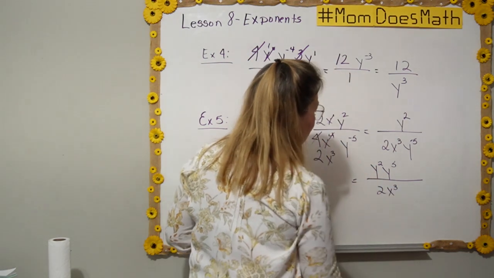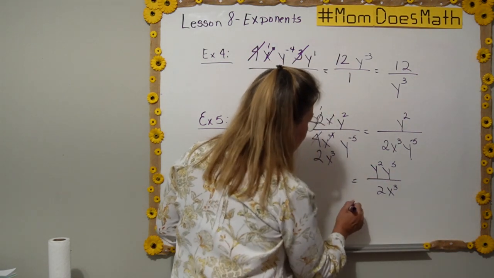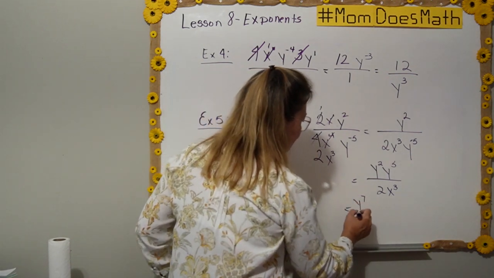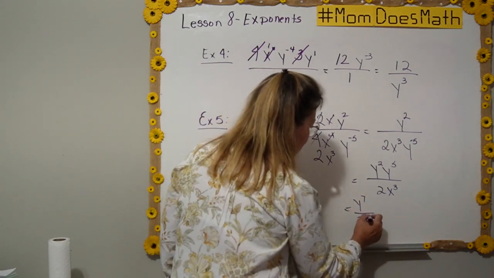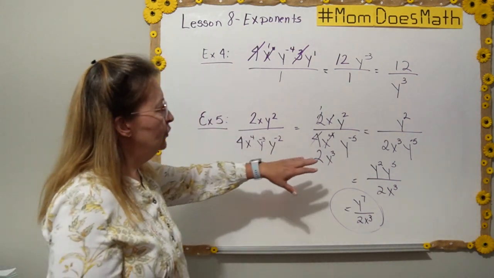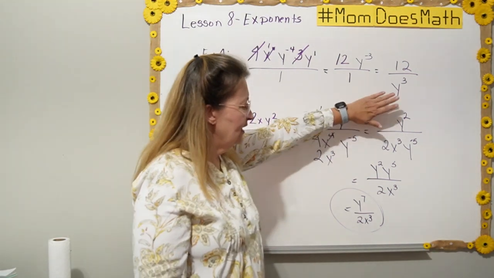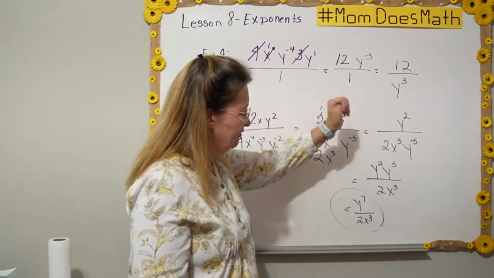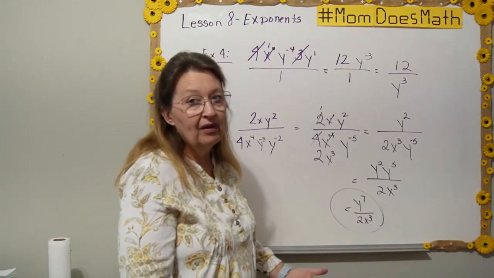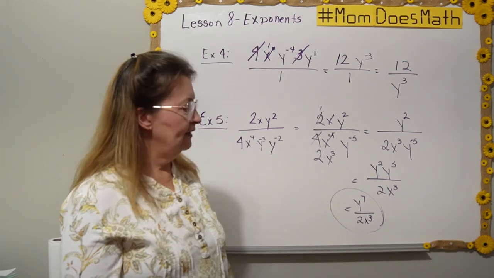Here's 2x to the third. Now, what is y to the second times y to the fifth? Y to the seventh. And 2x to the third is perfectly happy. So, you could have said, I'm going to subtract, 2 minus 5, and since it's minus a negative, that would have been plus. However you want to do that, okay?